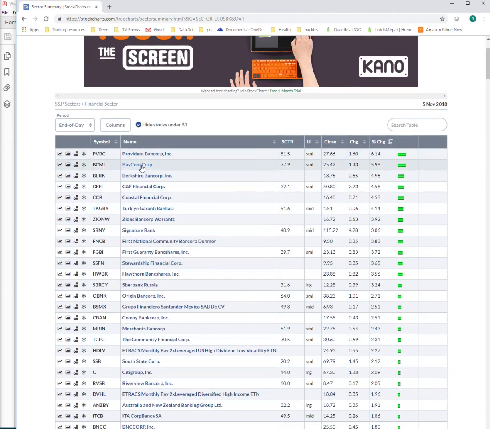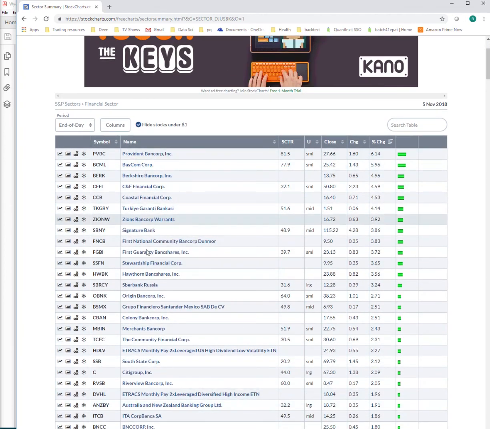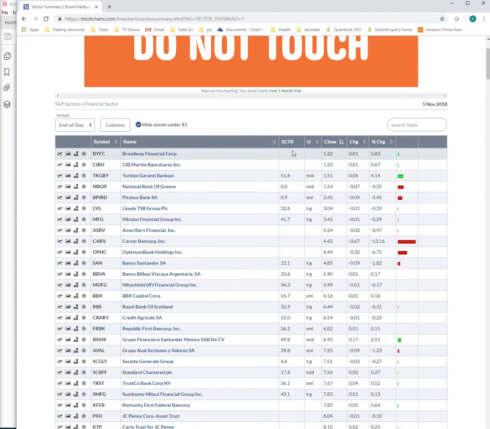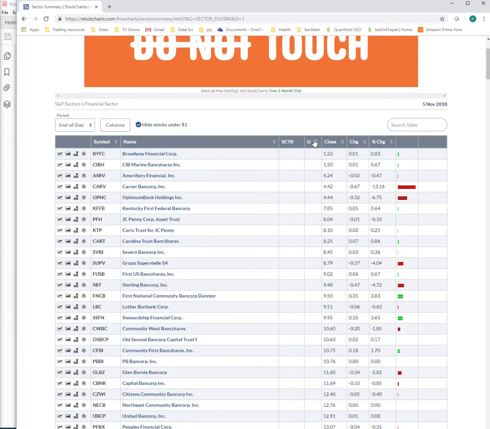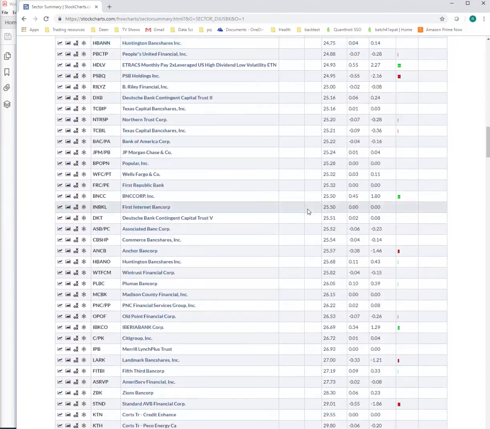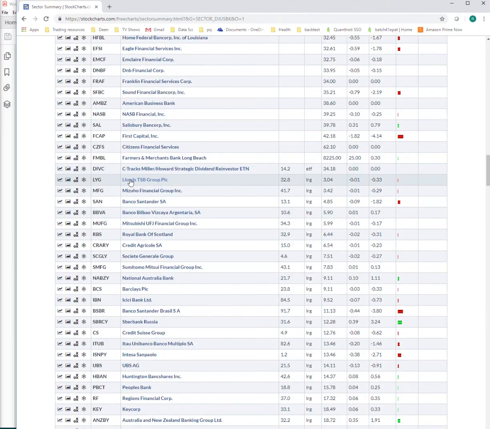And then when you click on a particular group, you have all the stocks. And then I want to see generally large cap. So let's go here. It's not bad, but I'm looking for something.